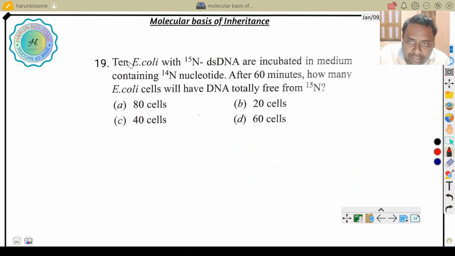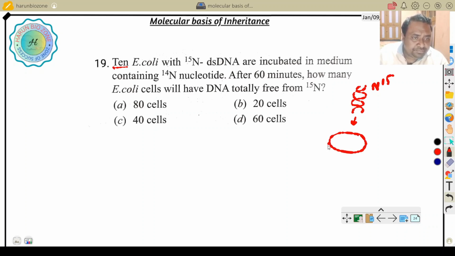Next question: 10 E. coli with N15 double stranded DNA are incubated in medium containing N14 nucleotide. First this is N15, red in color. Then it is transferred into the culture medium containing N14, which is blue in color.